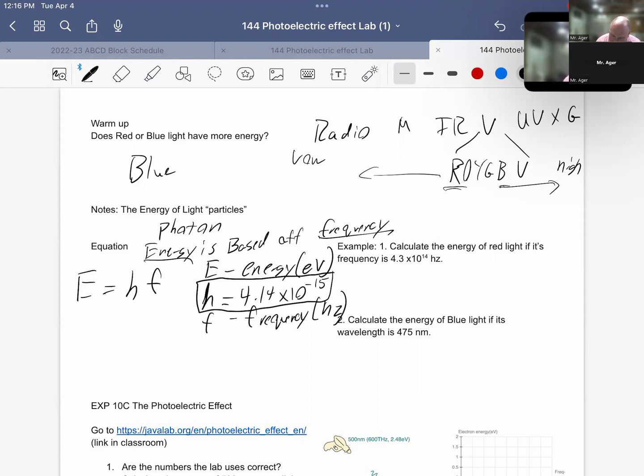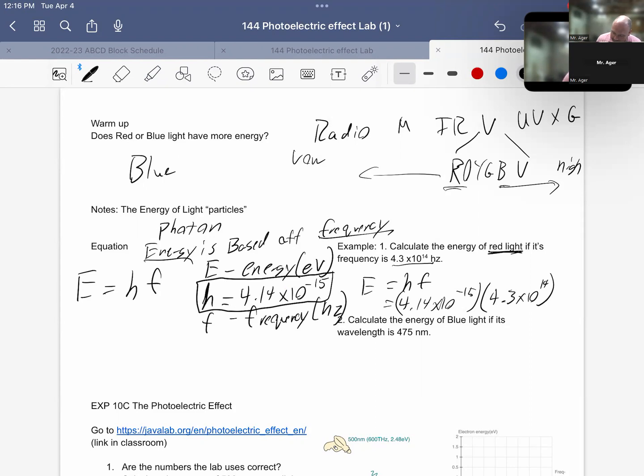So let's do that. If I wanted to calculate the energy for red light using a frequency of red light, because remember frequency gives it its color, then I say that energy equals HF. And so it equals 4.14 times 10 to the negative 15th, really small, times a large frequency, 4.3 times 10 to the 14th.